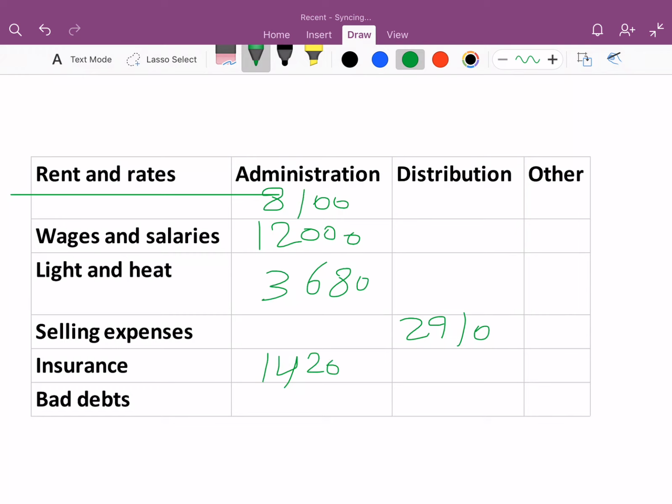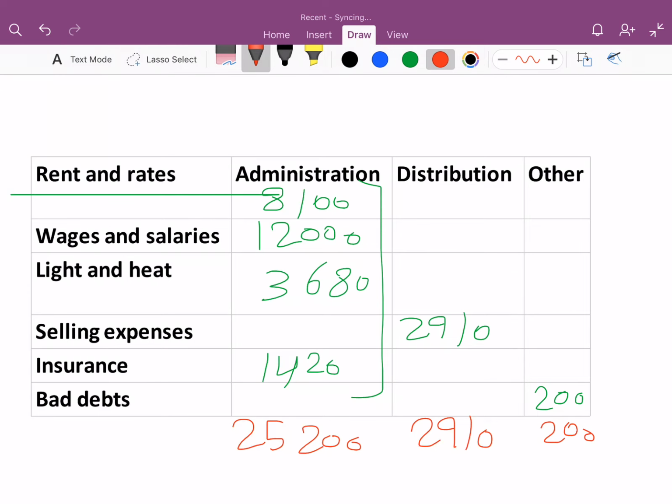Okay, so the bad debt is an other expense. So once you add them all up, you will get 25,200. And here we got 9,010, and then here we've got 200.